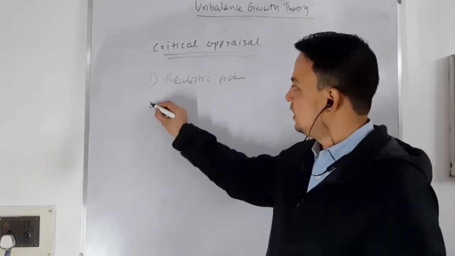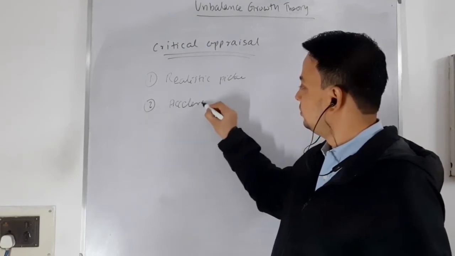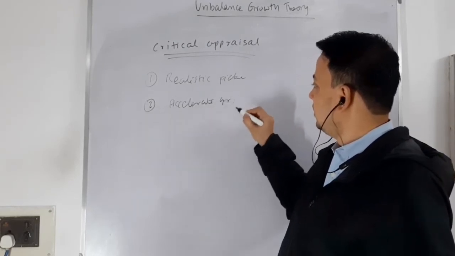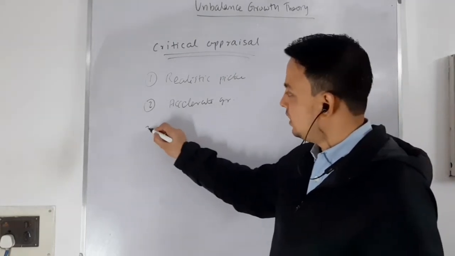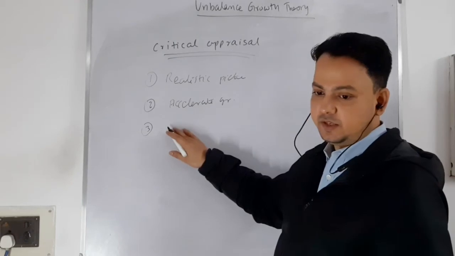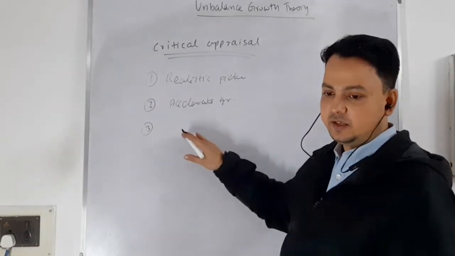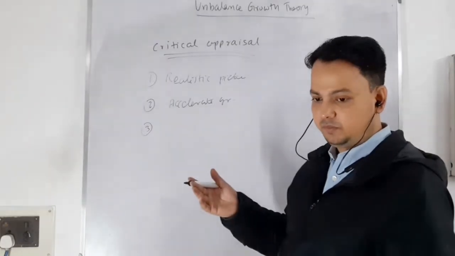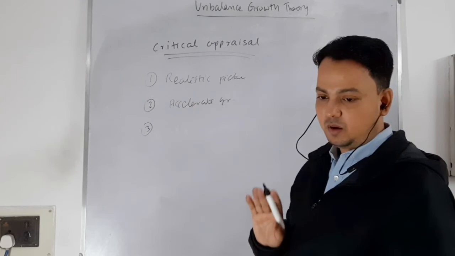Second, he is talking about how we can accelerate growth by focusing on some specific sector. Third, he talks about various incentives, various obstacles and resistance that these underdeveloped countries have, and he has talked about how this underdeveloped country can come out of this.